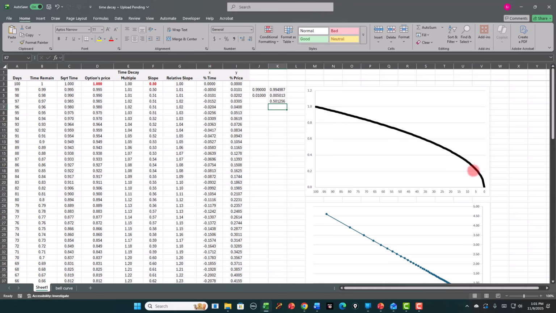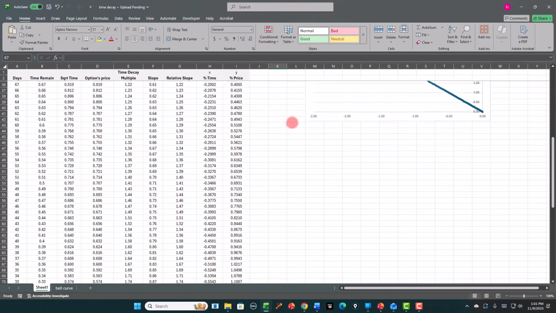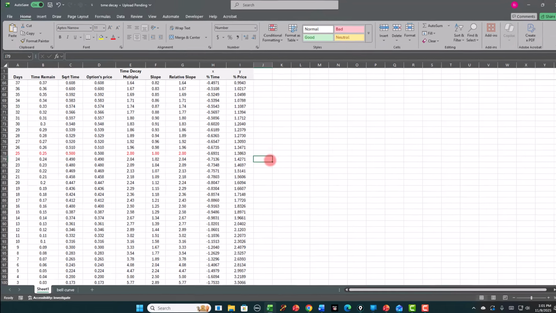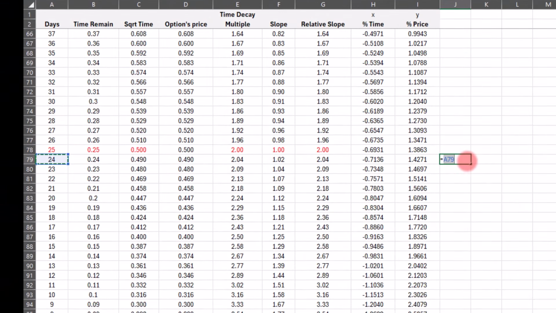Now over here, obviously, visually, this is much steeper. We should get a number much bigger than a half. So let's go down here. Let's go down to a quarter. All right, so let's do the same calculation right here with time. So rather than copying the formulas down, I'm just going to repeat them so you can see what's going on. We're going from 25 days to 24. And if we say 1 minus that, that is a loss of 4% of the time.